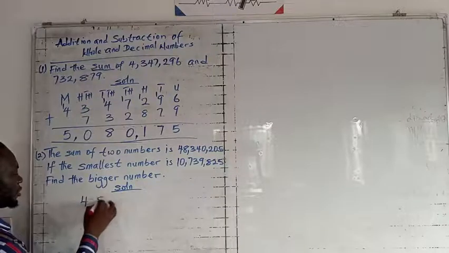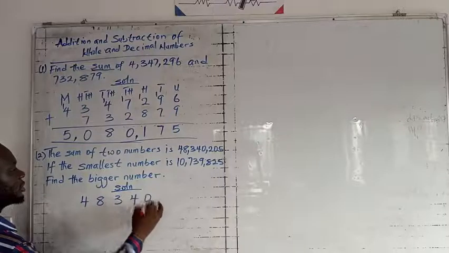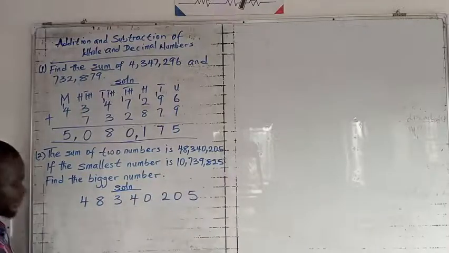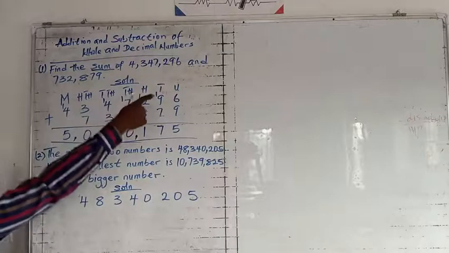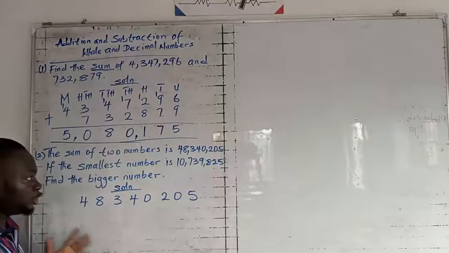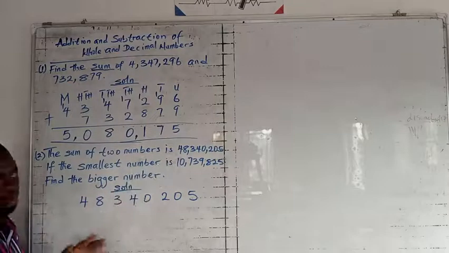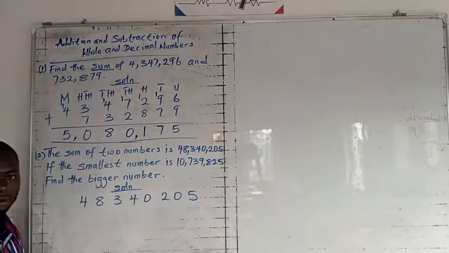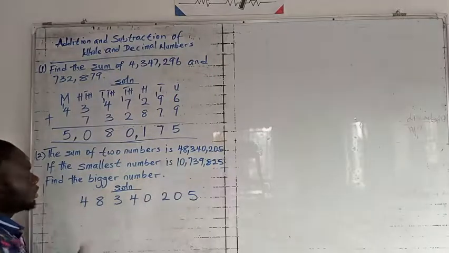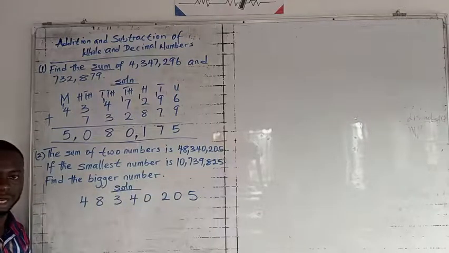So we have 48,340,205. If you watch this question, I'm not making use of the place value system because I believe that by now we should be able to identify the place values of each of these digits without writing them out. Okay? So since this is 48 million, this is 10 million, meaning that the highest place value in both numbers is tens of million, right?